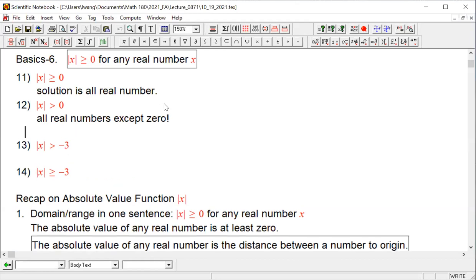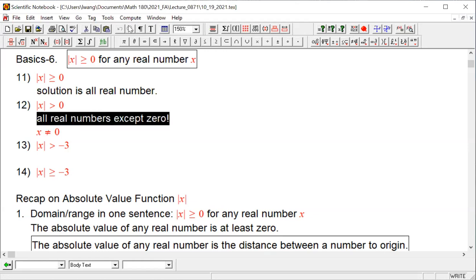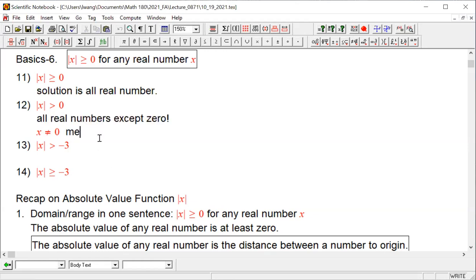But there's an alternative way you can write it: x not equal to 0. Either you write it in words or in this form, because it means the same thing. Understanding the meaning in mathematics is absolutely essential. I cannot move on a single minute if I don't know what I'm talking about, you can tell right away.